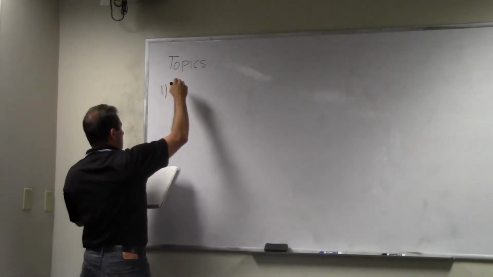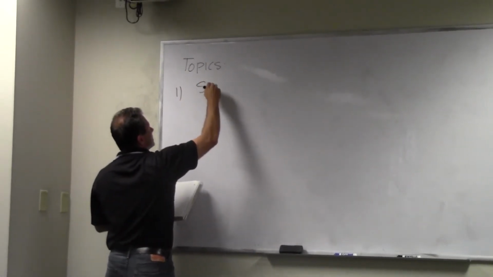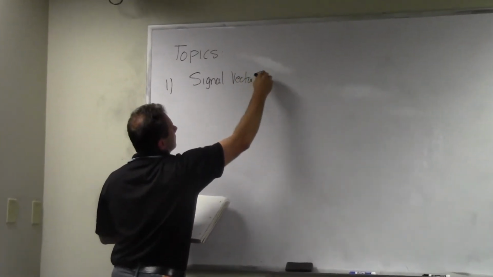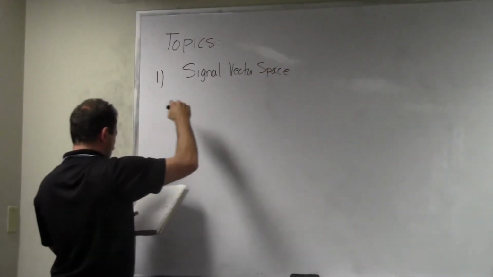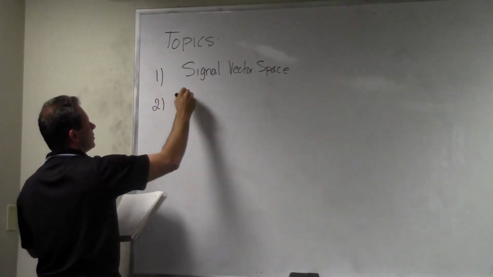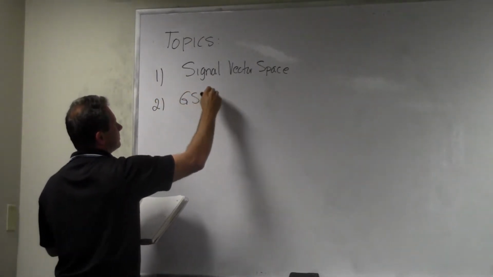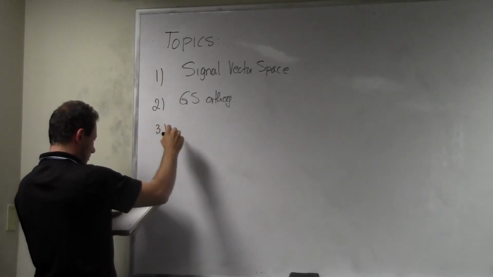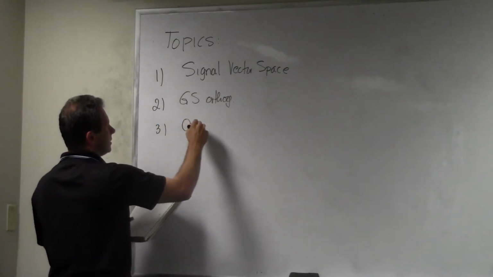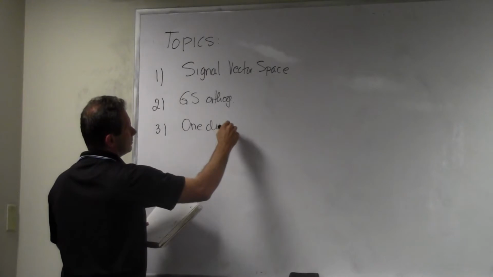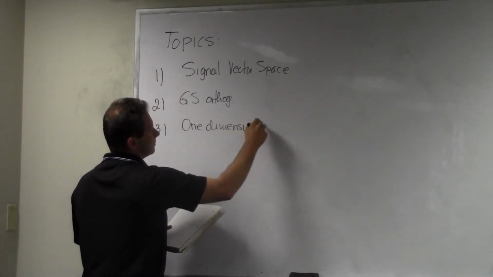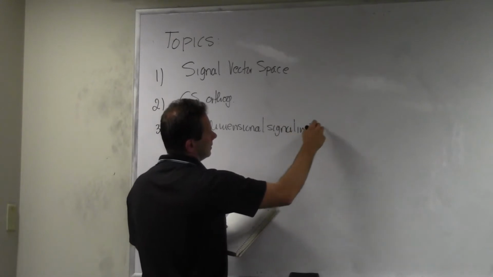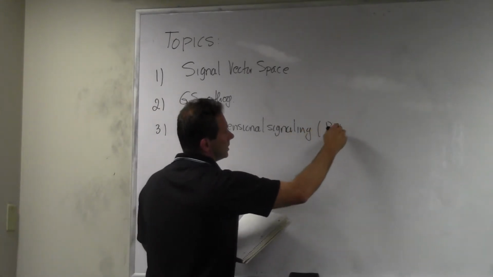So there's signal vector space. Then Gram-Schmidt orthogonalization. Third topic, one-dimensional signaling, that's essentially pulse amplitude modulation.